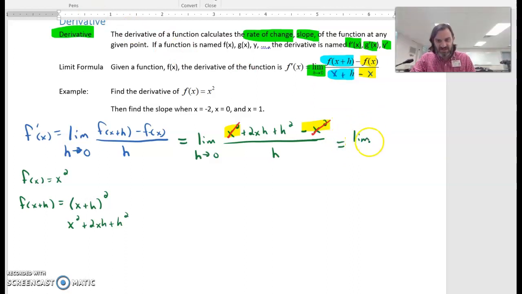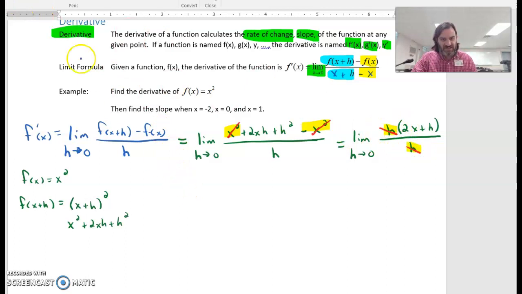So it would be the limit as h approaches 0. Up top, we can pull a single h out, and it'll be h times 2x plus h. On the bottom, there's an h. And look at that, there's an h factor on top and an h factor on the bottom that we can cancel.